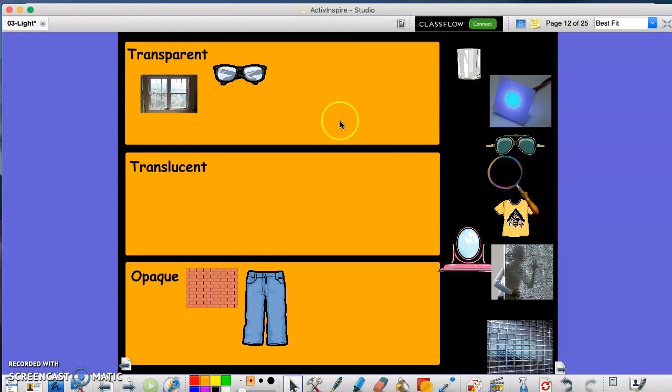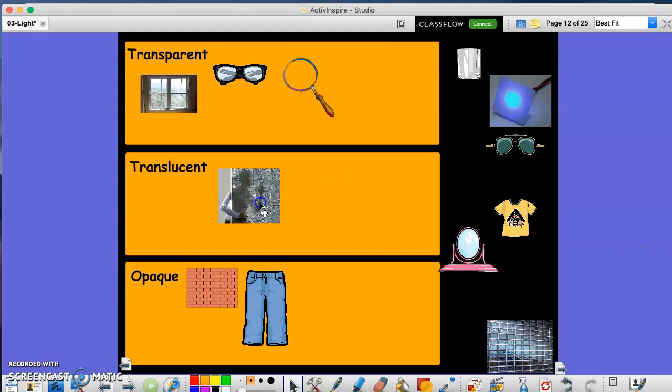Can I see through it, not see through it, or kind of see through it? If you guessed you can see through it, you got it right. So now let's look at this lady. Can we really see her? We can kind of see her shadow. So she would be translucent, good job.